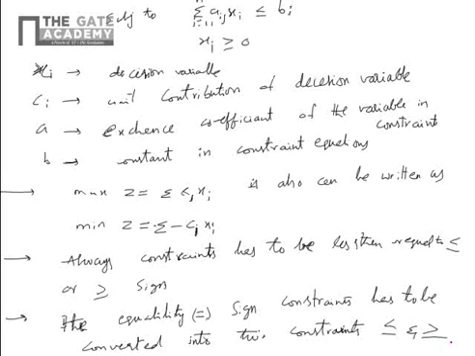Then you can replace the equality constraint with the same constraint written twice. So these are the initial steps you need to take care of for any simple linear programming problem. After creating the linear programming problem, you can select the method for solving. If it has only two variables, you can go ahead with the graphical method. With more than two variables, you have to go with the simplex method.